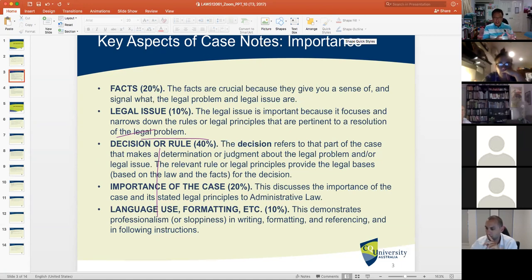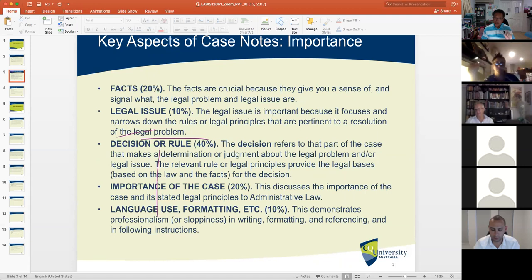In addition, the decision is actually grounded by particular relevant rules or legal principles. So the reason why a decision was arrived at by a judge was because there are relevant rules or legal principles that compel him to arrive at that particular decision. So those are two things, as we will later on see.